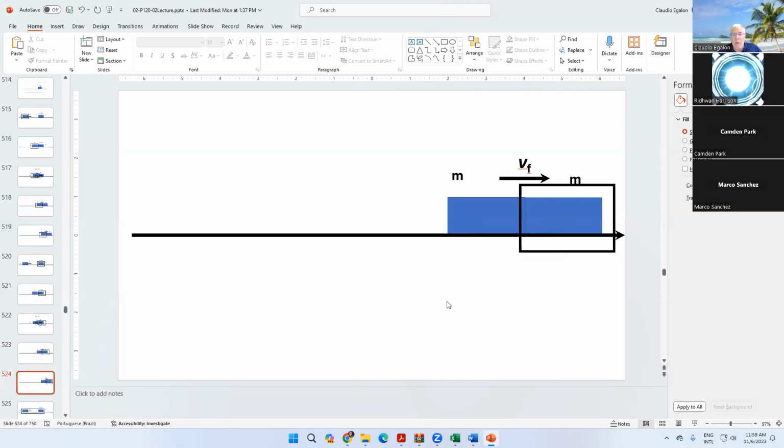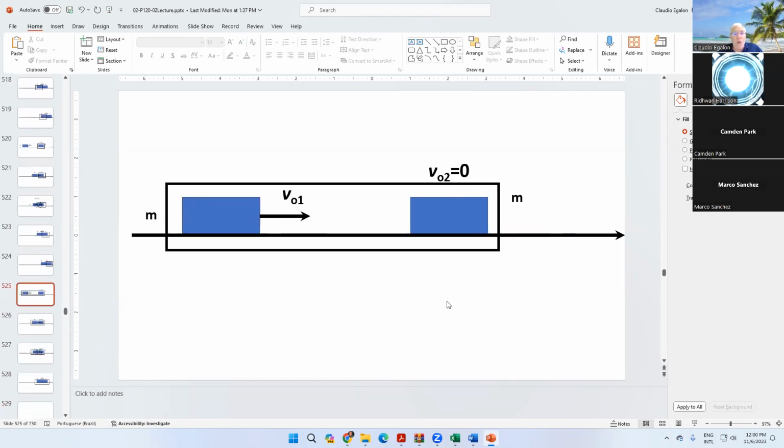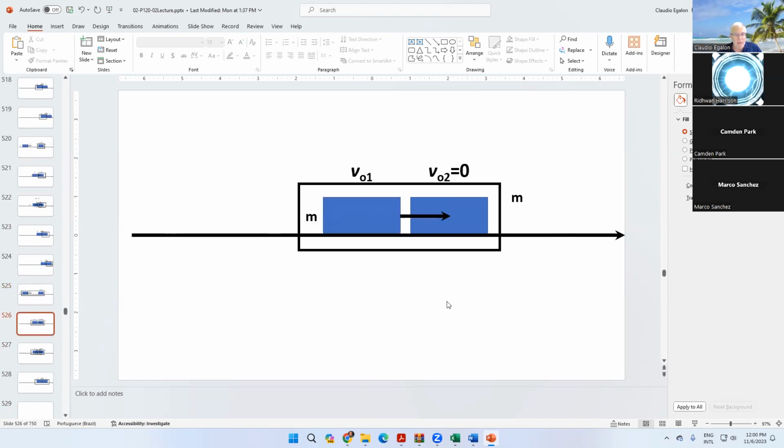So what I want you to start thinking is, what if I consider my system not just a single object, but both of the two objects, an object that's changing its size. Here's my system. First mass moving towards the second one.